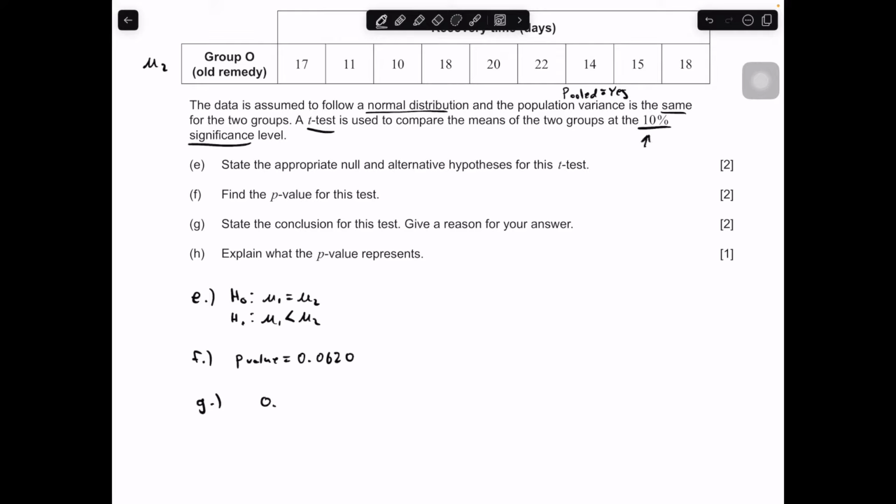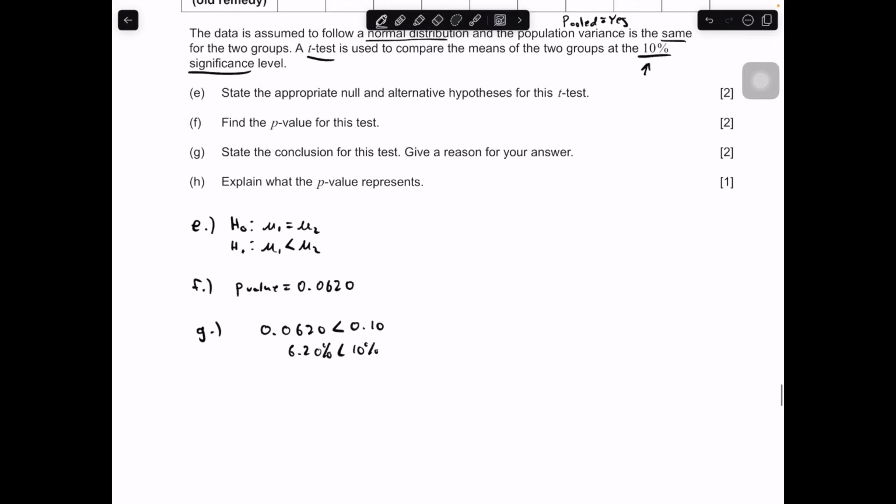Let's write 0.0620 in this case is less than 0.10, or essentially 6.20% is less than 10%. So we would reject the null hypothesis, or you can say reject H0.